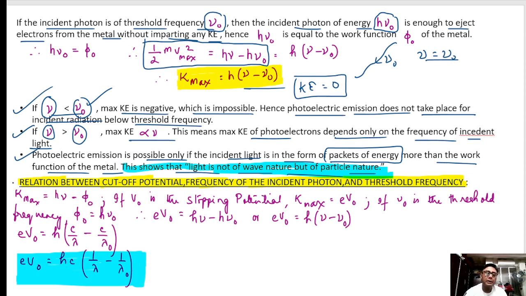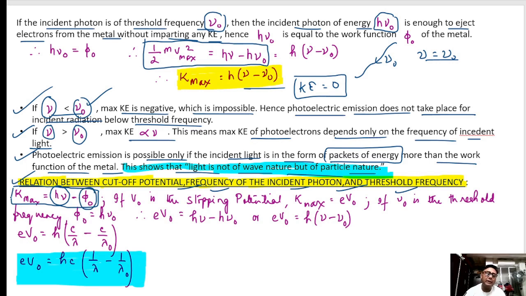Next, the relation between cutoff potential, frequency of the incident photon and threshold frequency. So watch here. This is our relation. This is the energy with which the light is incident. Out of that, some energy is spent in overcoming the electron's attractive force, that means the work function.